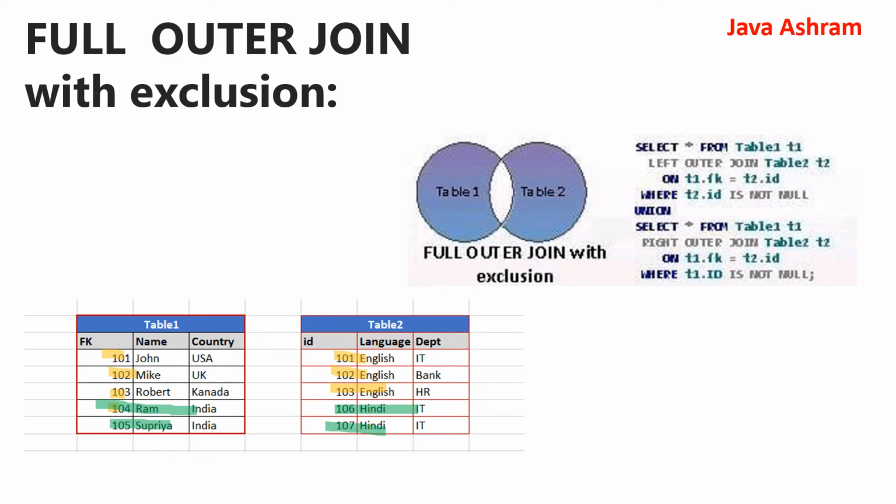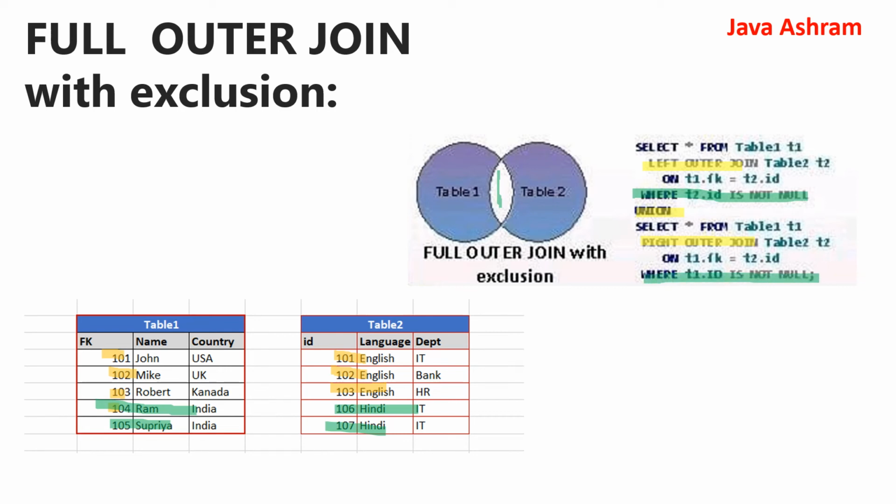So this will be the outcome or the result of the full outer join with exclusion with this condition, right? And how will you achieve this? With the same, you will take both the left outer join and the right outer join with union, and the extra query you are executing is this one: where t2.id is null and where t1.id is null.